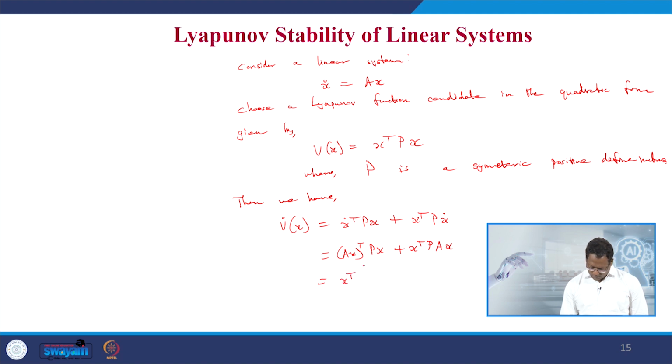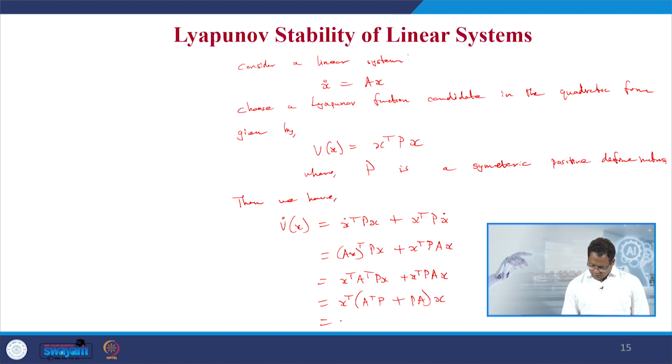So, x transpose A transpose P x plus x transpose P A x. So, we can have x transpose taken out, so, A transpose P plus P A into x.